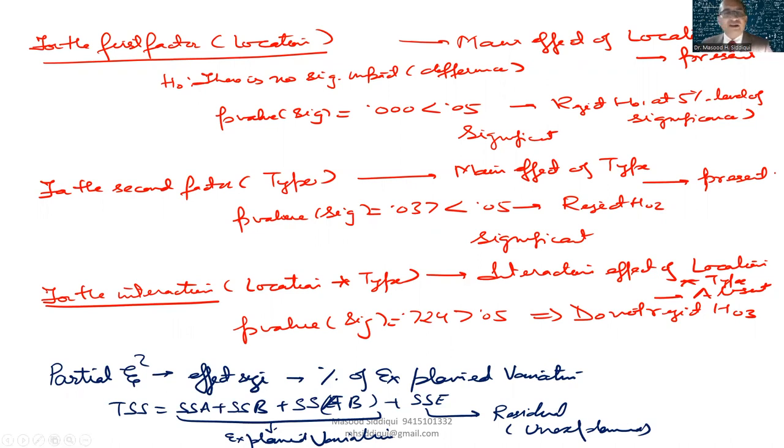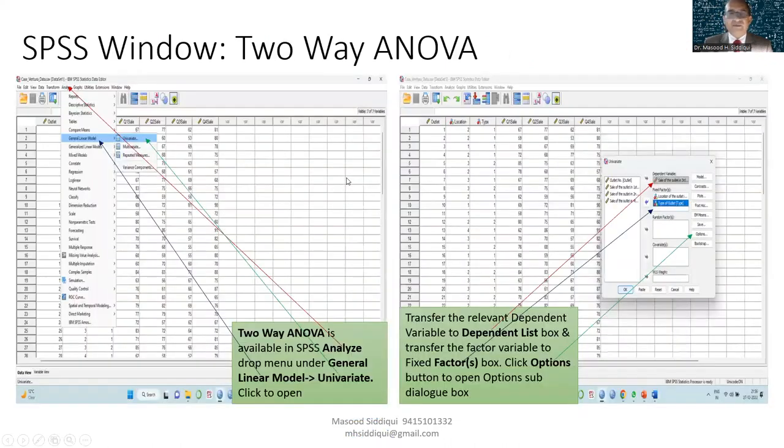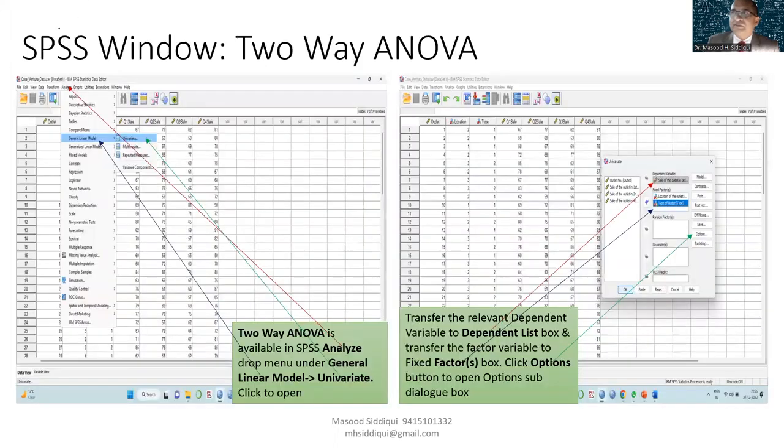We have one more term. That was the observed power. As we know, in testing, we have two errors.